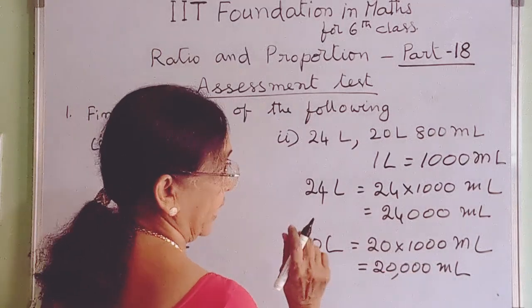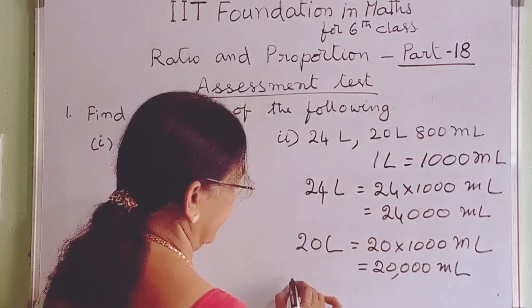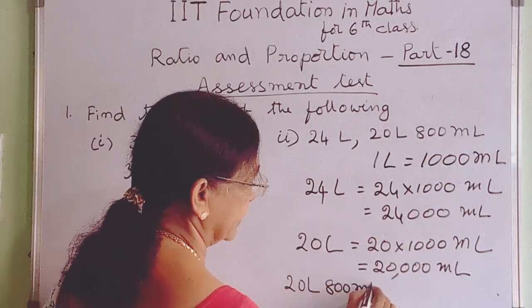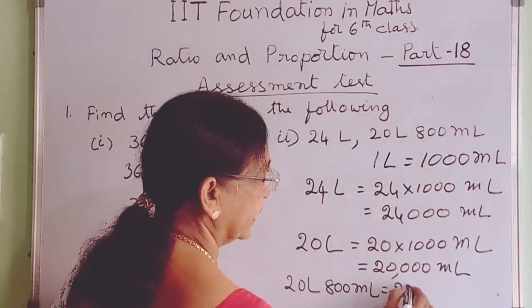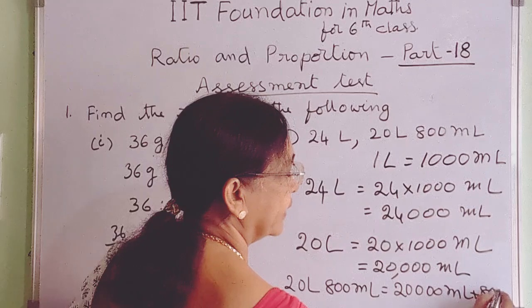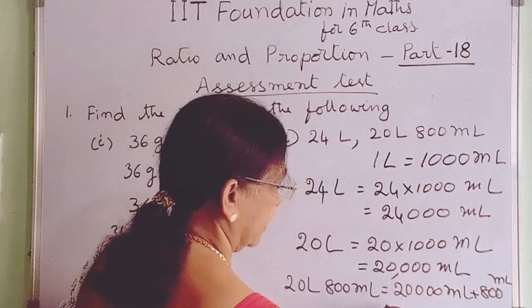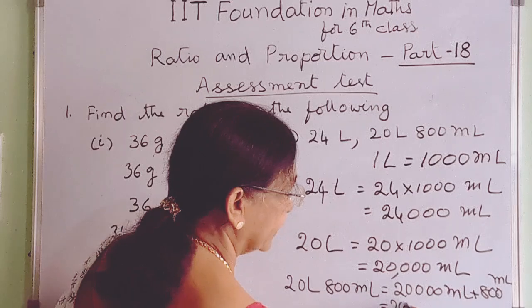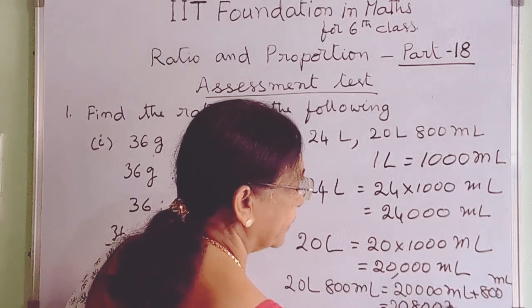And 800 ml, therefore 20 liters 800 milliliters is equal to 20,000 milliliters plus 800 milliliters, that is equal to 20,800 milliliters.